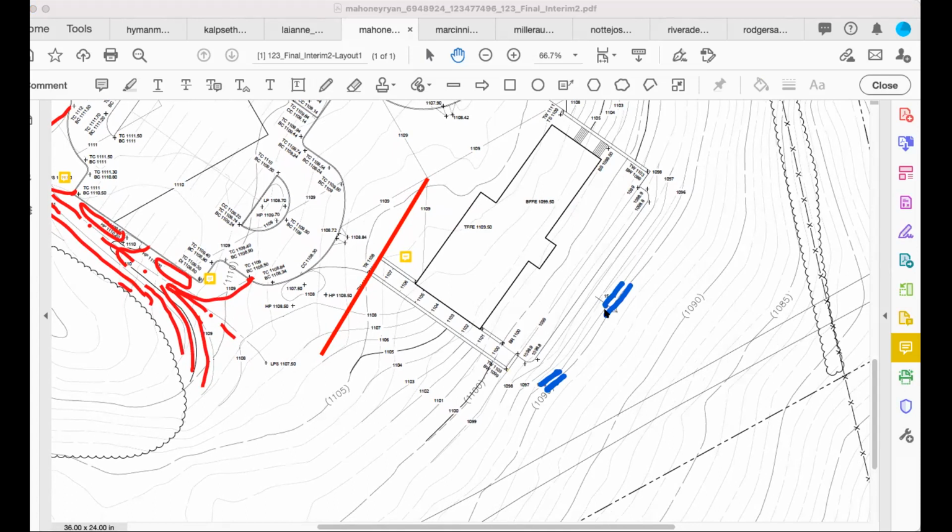Ideally, yes. You do need bioretention below your lower plaza, which means we are sort of running out of space. Your 99 is over here.